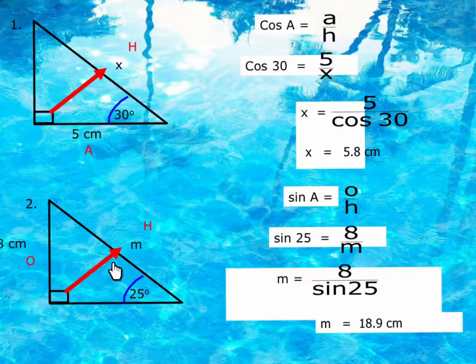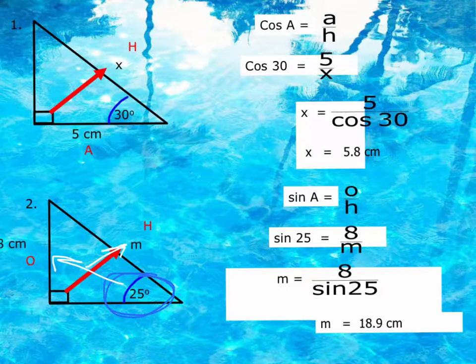Same idea here, except now, looking at this given angle, I'm looking at opposite and the hypotenuse. And if I'm looking at opposite over hypotenuse, I'm going to use sine. And if I make my trig ratio, I would then get sine of 25, which is my focus angle, is 8 over m.